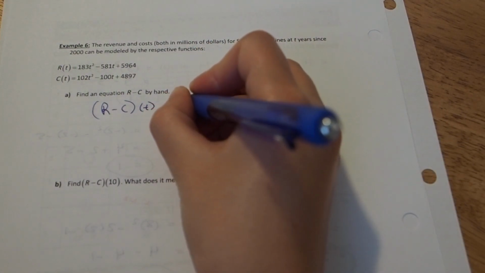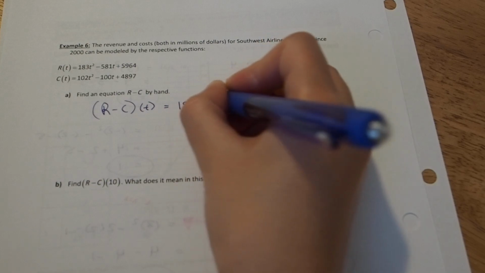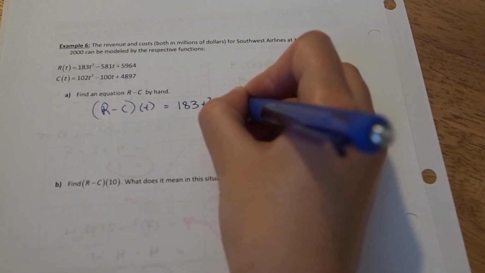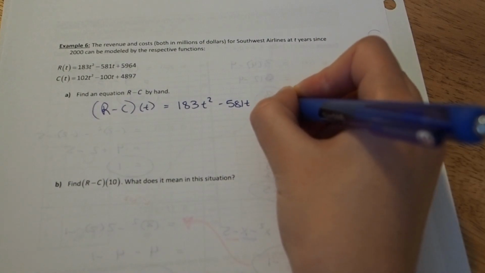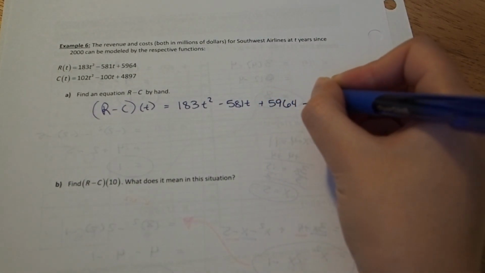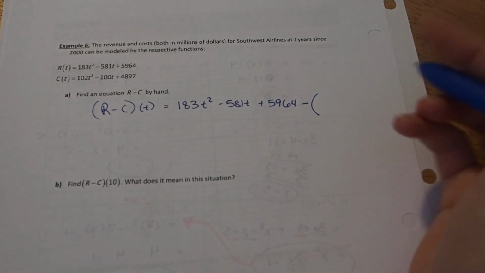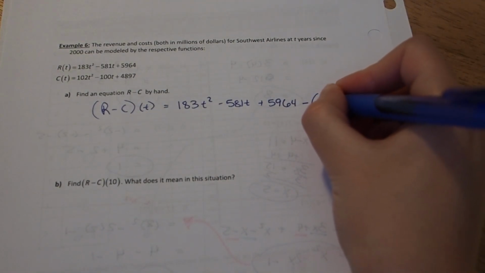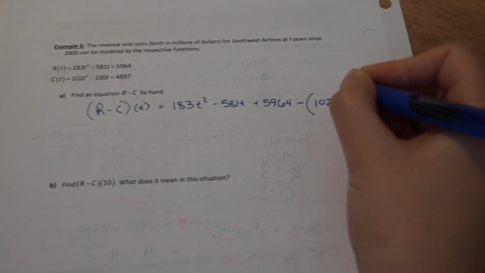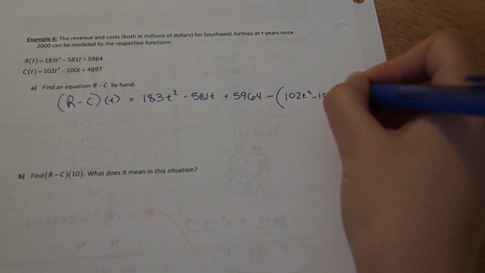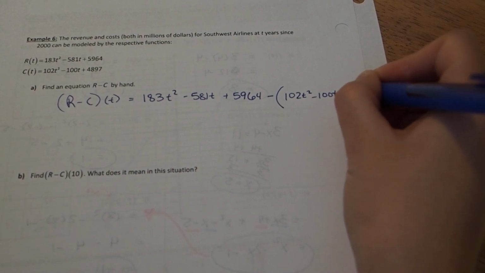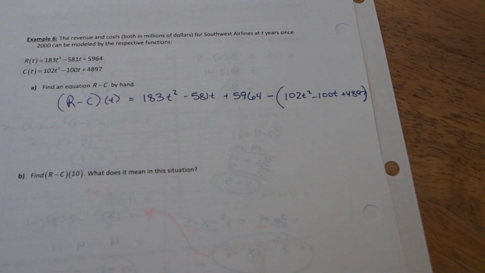The R function is 183t squared minus 581t plus 5,964, then minus parentheses, of course, because I want to subtract the entire C function: 102t squared minus 100t plus 4,897. Kind of squished in room there.